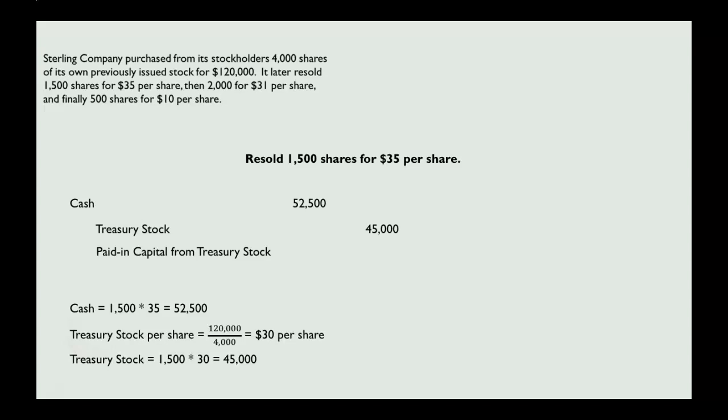But let's talk about where that number is truly coming from. So your paid-in capital from treasury stock will be your 1,500 shares times the difference between your cash per share amount and your treasury stock per share amount. So 1,500 times 5 equals 7,500. So we will credit our paid-in capital from treasury stock for 7,500.